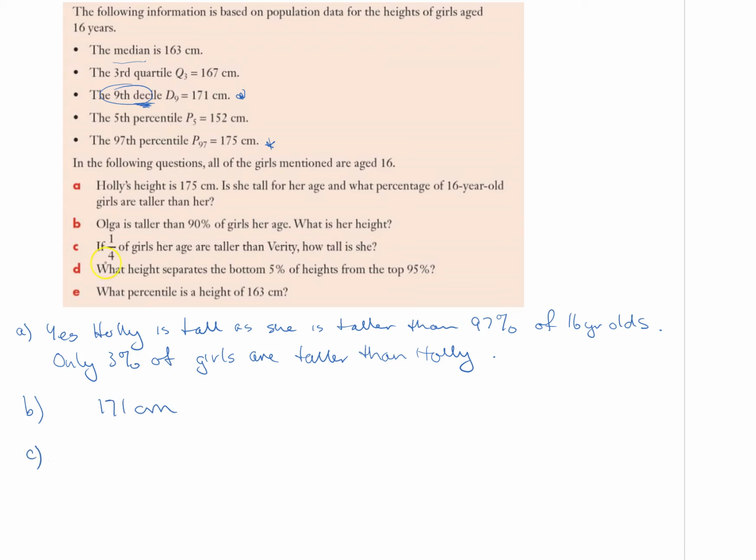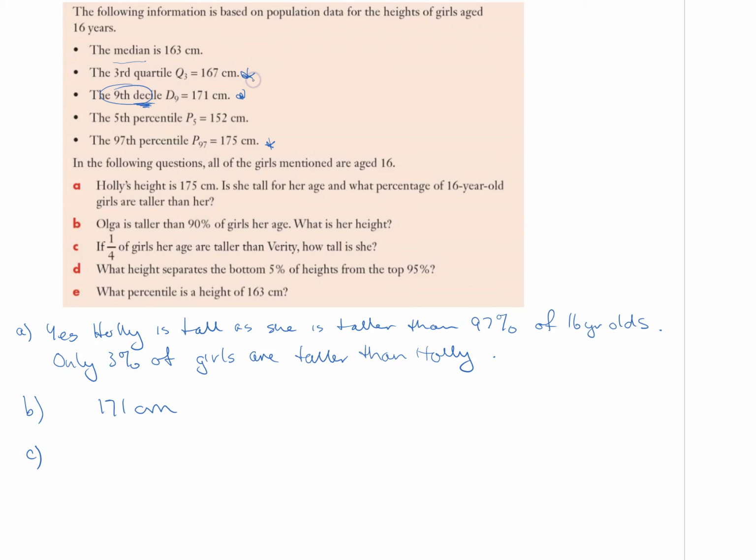C. If a quarter of the girls her age are taller than Verity, a quarter of the girls are taller than her, how tall is she? So only a quarter are taller. So she must be 3/4 of the way through the heights. 3/4 is the equivalent of Q3.